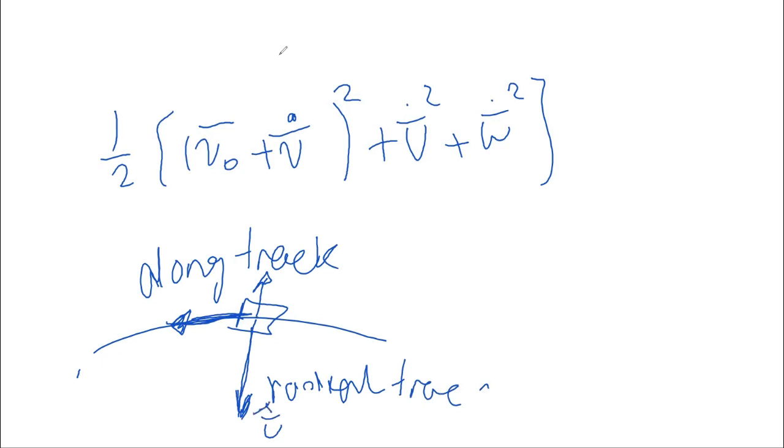And cross track is the one perpendicular to the orbital plane. Then we show it with W. So along track is V bar, cross track is W bar, and radial track is U bar.